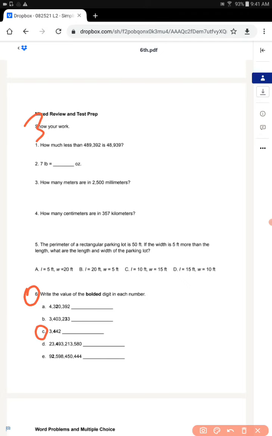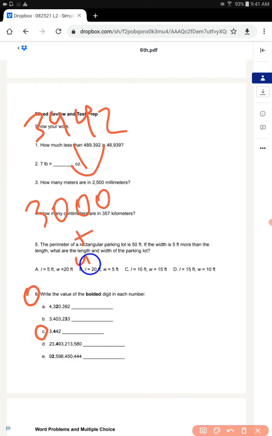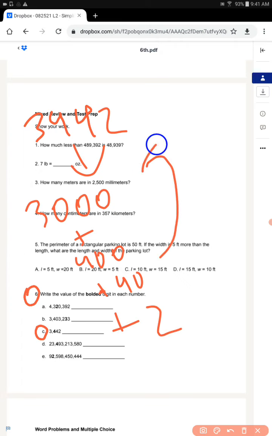So basically 3,442. We're trying to figure out what this means. So basically, this is the same thing, if you remember, as 3,000 plus 400 plus 40 plus 2. These are equal to each other.